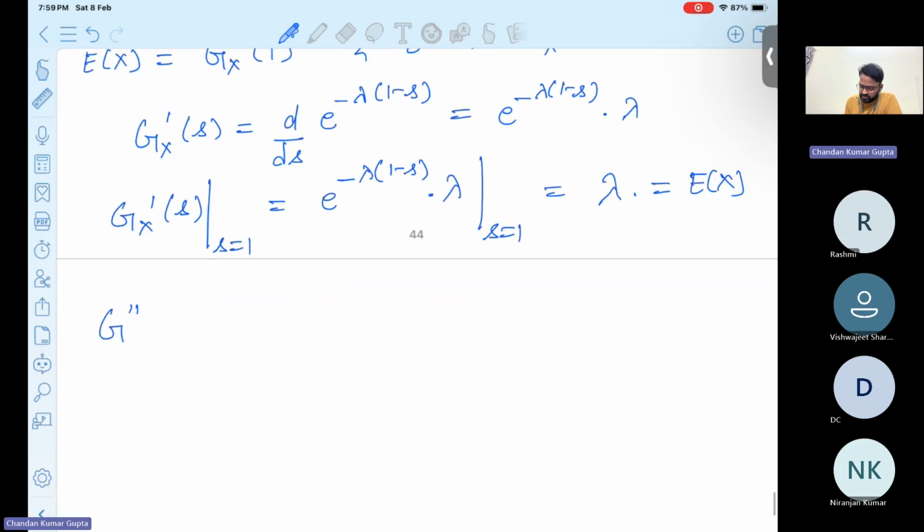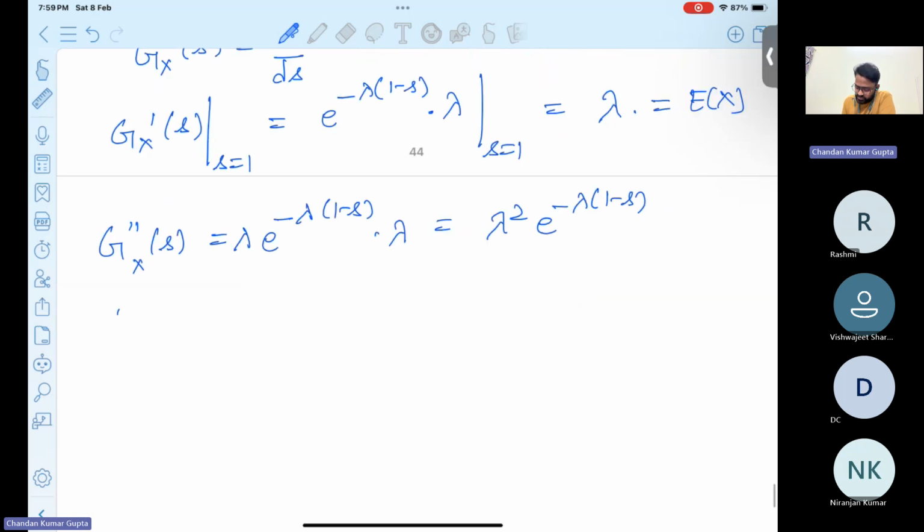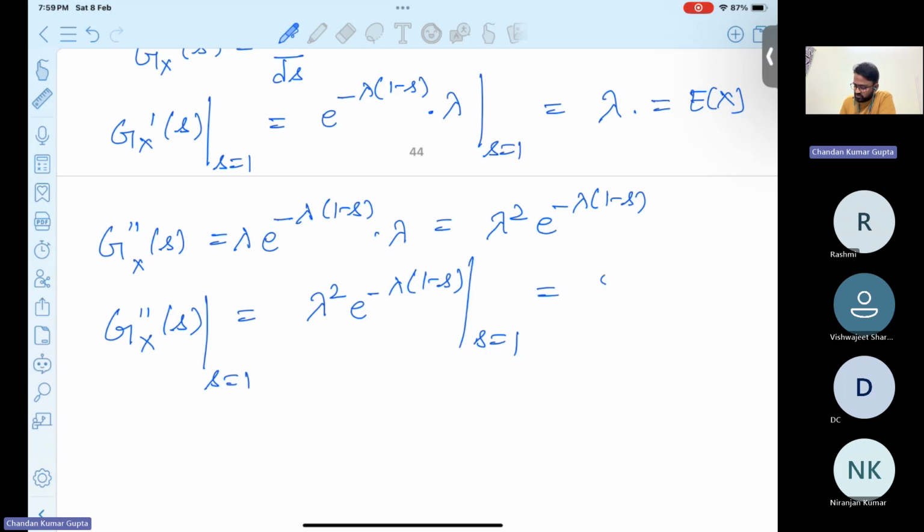Now G double prime X comes out to be e to the power minus lambda 1 minus S into lambda, which is lambda square e to the power minus lambda 1 minus S. Now G X double prime at S equal to 1, not 0, sorry, comes out to be lambda square.